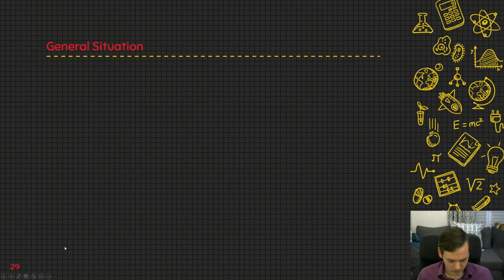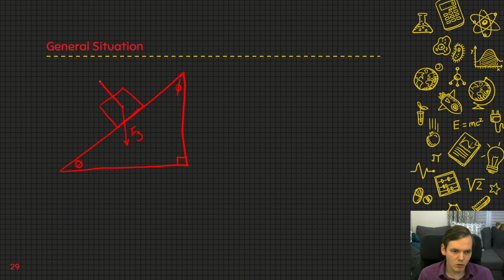So here's the general situation. If you have a ramp like this, and we'll call this lower angle theta, this upper angle phi, and you've got some object sitting on the ramp. What's going to happen is it's going to experience gravity pulling it straight down. It's going to experience a normal force pushing straight out from the ramp.